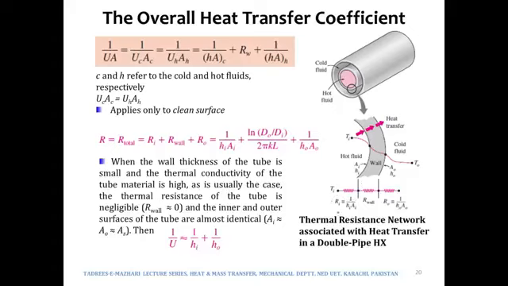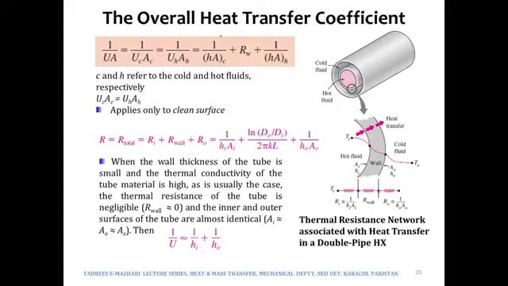So there would be convection inside the inner wall, which would be 1 over hA, and convection outside the inner wall, between the inner wall and the cold fluid, which would also be 1 over hA. The resistance of the wall will be log of Ro over Ri over 2 pi kL, because this wall is cylindrical. So these would be the resistances that we will come across.